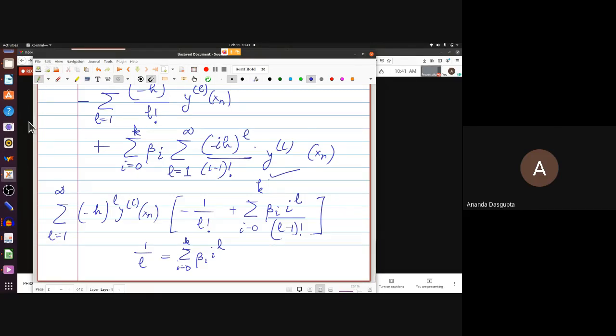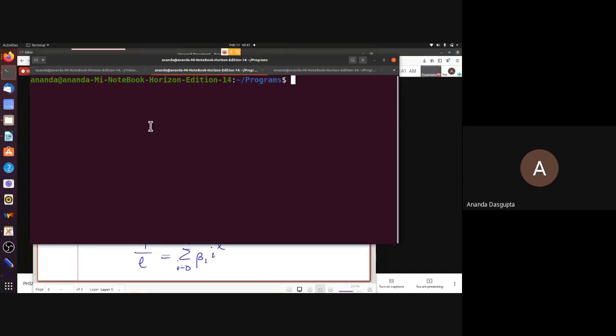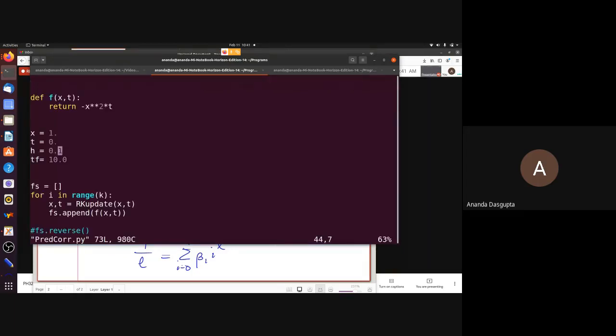So let me just show you how you would code this. Let me show you a piece of code which I wrote down in the morning. I hope I've got it right. I'm calling it predcore simply because it's a predictor corrector method. So that should be sort of clear from the code itself, what I'm doing.